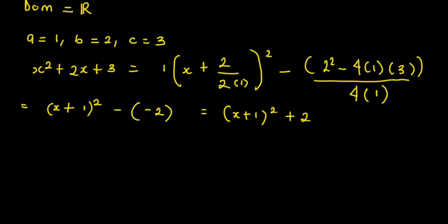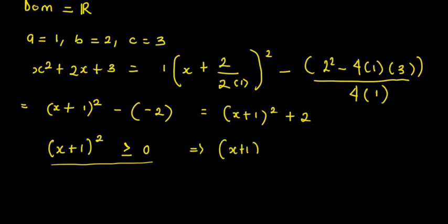So now remember that the square of any real number is greater than or equal to 0. So x plus 1 squared is going to be greater than or equal to 0. If I add 2 to both sides of this inequality, it implies that x plus 1 squared plus 2 is greater than or equal to 2.